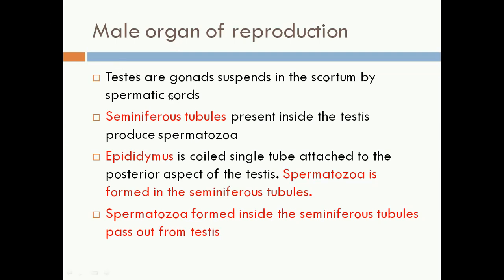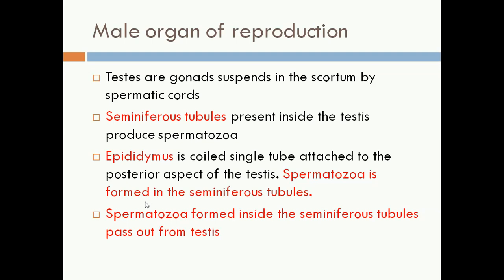The testis is called the male gonad, and it is suspended in the scrotum by a cord called the spermatic cord. The seminiferous tubules present within the testis produce the spermatozoa. The epididymis is a coiled tube seen at the posterior aspect of the testis, and it is where the spermatozoa formed in the seminiferous tubules are collected.